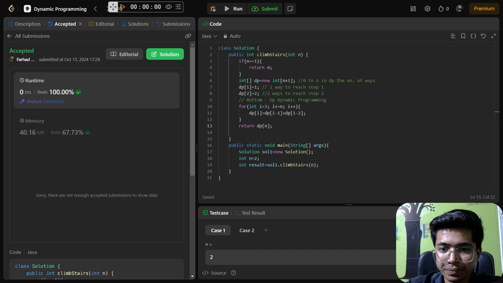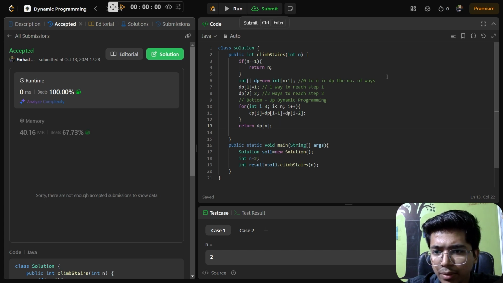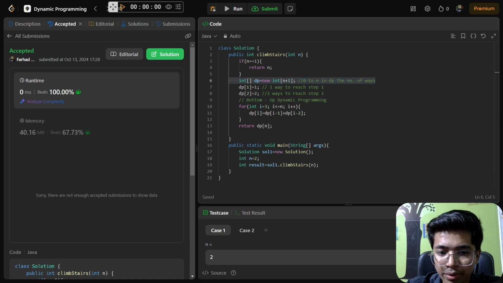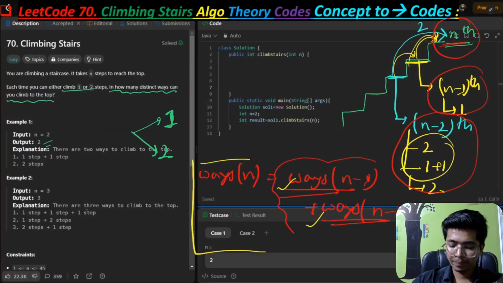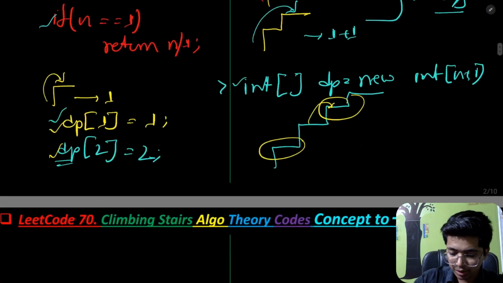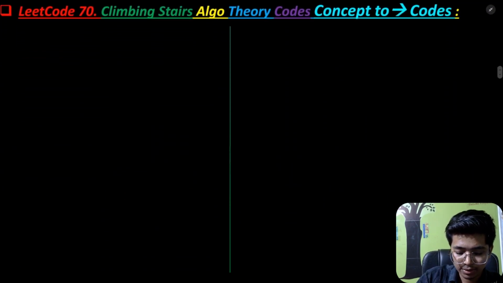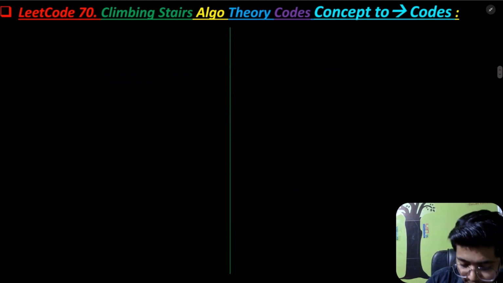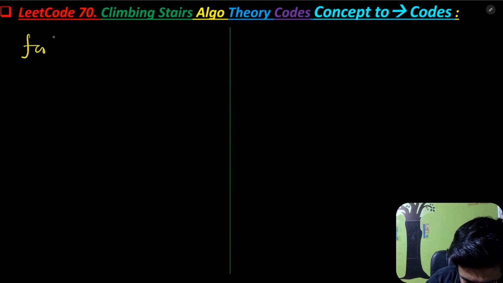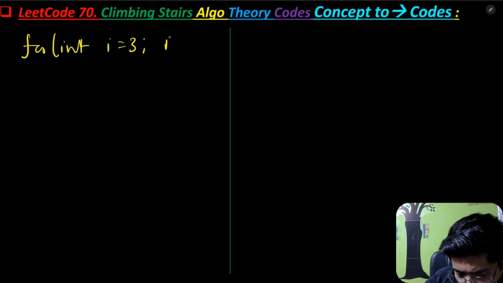Okay, now if you see in the program, here we have initialized the n plus 1 array. So what did we do in the program? We started running the loop like this: for int i = 3; i <= n; i++.